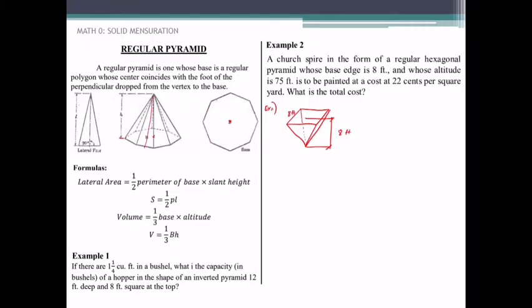Okay, inanagan niya siya forma. In a bushel, so we are to find the answer in terms of bushel, wherein given 1 bushel is 1 1/4, 1.25 cubic feet. Okay, so this is the conversion factor.